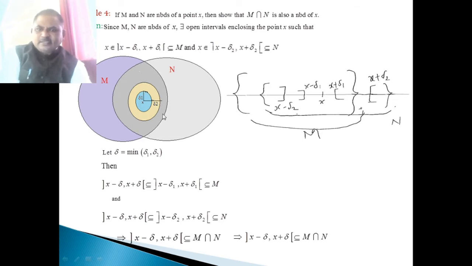This is the part of the intersection in this figure, and hence the proof.